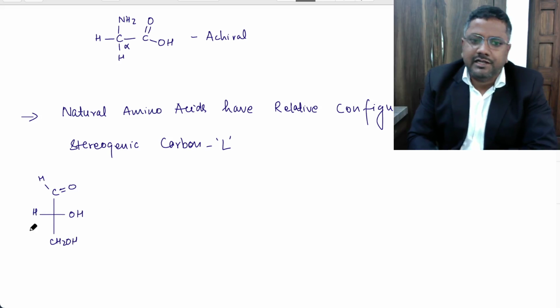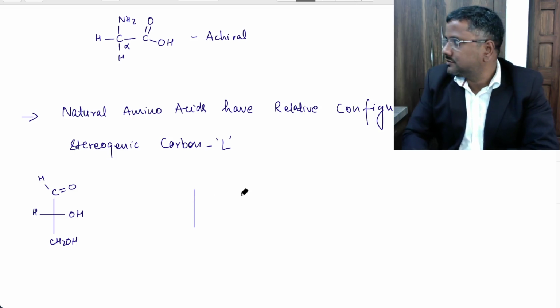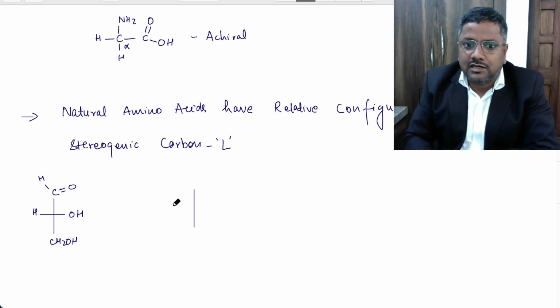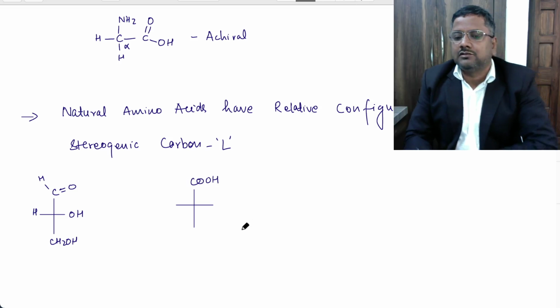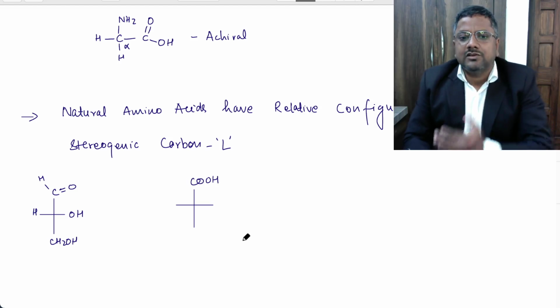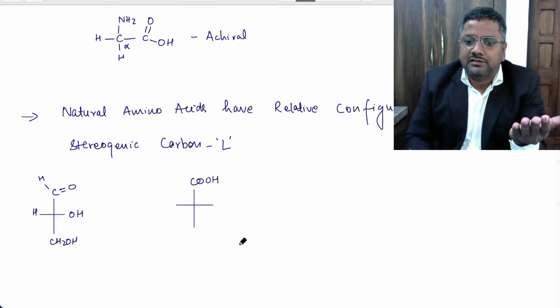OH right is D, OH left is L. Similarly, for alpha amino acids, if you draw the Fischer projection formula, COOH will definitely be on the top. Why? Because there is a rule in the Fischer projection formula that the most oxidized group should be on the top of the vertical line.